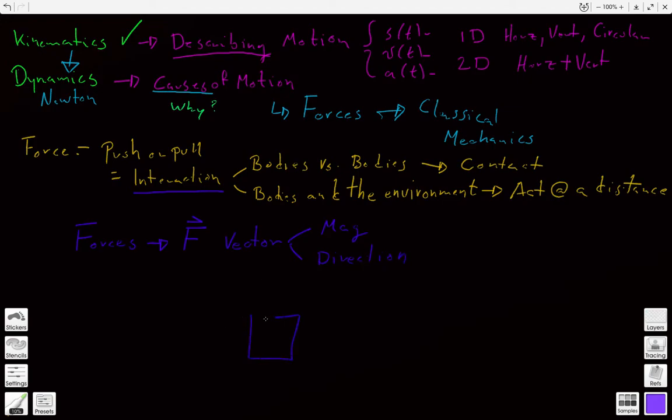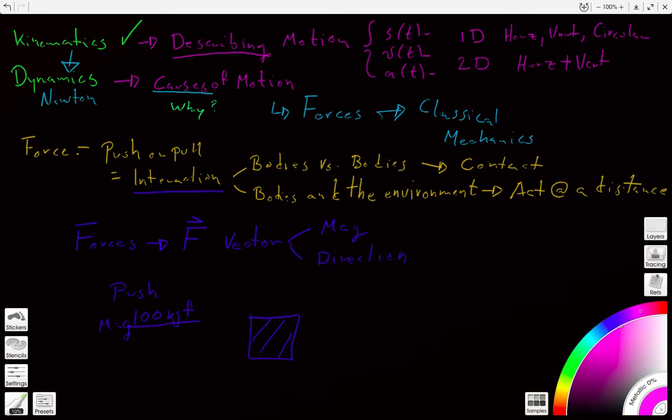Well, for example, let's say we have a box here, and we're going to push this box with a force of, let's say, 100 kilograms force. This is the magnitude of my force. The next thing you should ask yourselves is, where am I going to apply this force? Because if my box is on the ground like this and I apply my force here, that box isn't going anywhere, right?